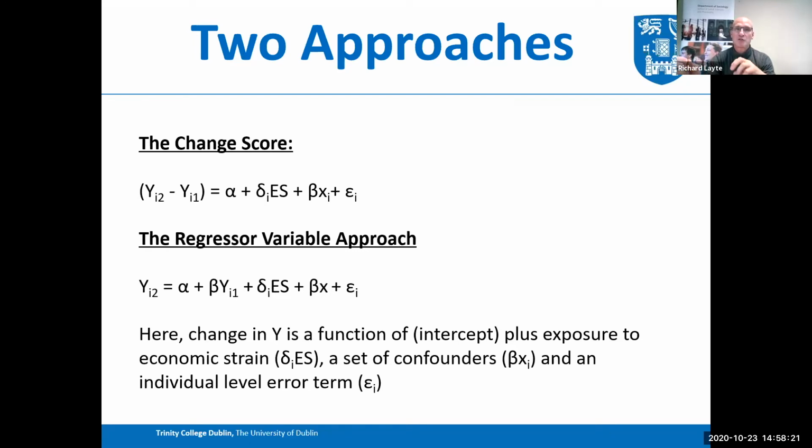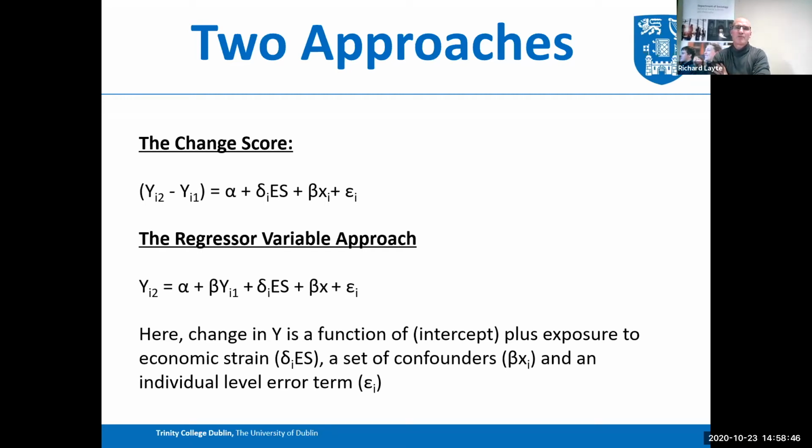The other approach is the regressor variable approach. So here, instead of taking the difference between the dependent variable at baseline and follow-up, you've got the dependent variable at time 2, but on the right-hand side you've got the dependent variable at time 1. That's why it's called the regressor variable approach.